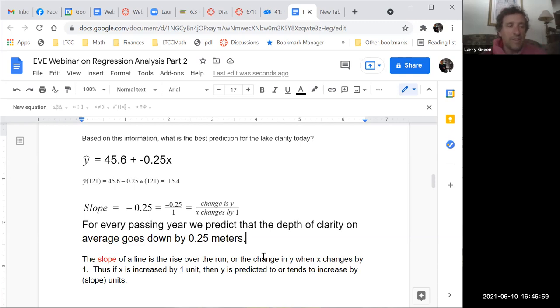Don't just write down what I just said and always write exactly the same thing. You have to relate it to whatever you're looking at. Any questions at all on interpreting the slope of this regression line? Okay, by the way, is that a good thing? Is it good that the depth of clarity goes down by 0.25 meters every year on average?